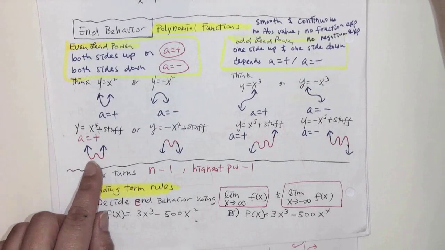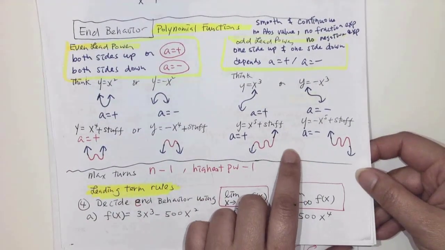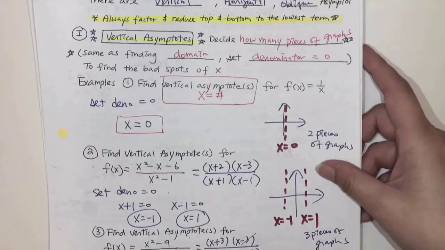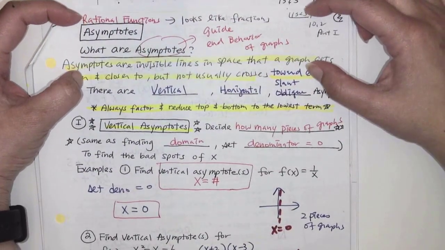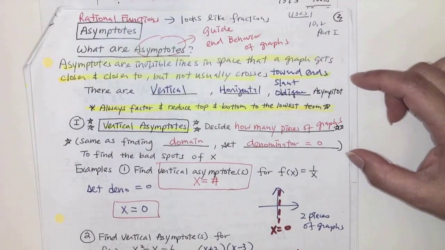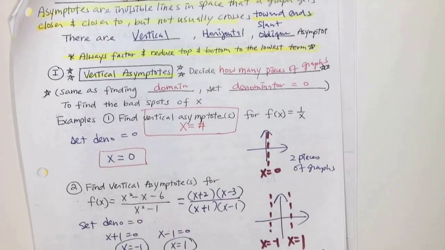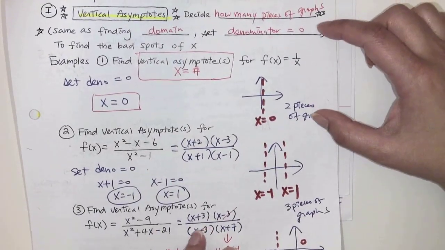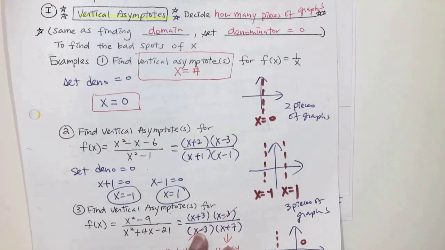All polynomial function graphs look very smooth and continuous, so they're not discontinuous anywhere. We also look at the rational function, the function that looks like a fraction, and review how to find the asymptotes. So you may want to review those if you have some questions, because the vertical asymptote, setting the denominator equal to 0, helps you decide where the function is going to be discontinuous.